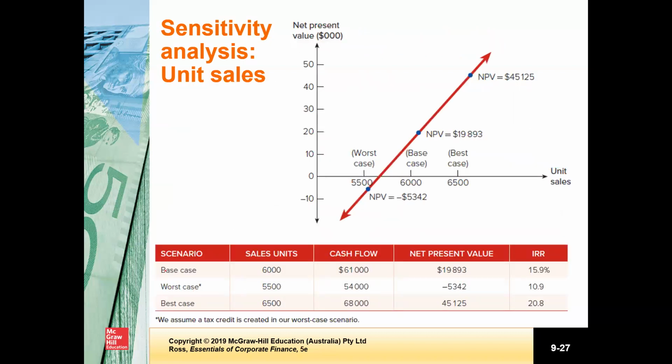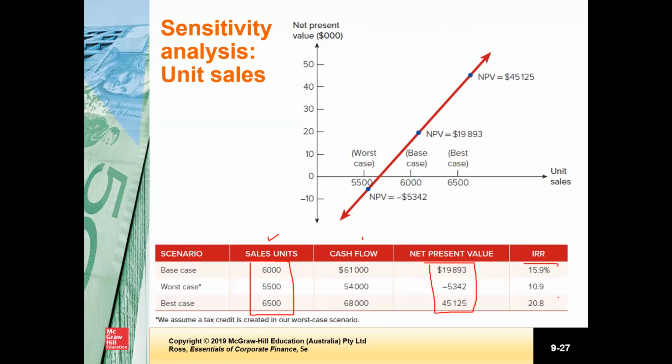So you can see here, for example, sales units and the resulting net present value. Everything else remains the same. The only change made is the number of sales units. In the base case it's 6,000, worst case 5,500, and best case 6,500. And we calculate NPVs and IRRs.